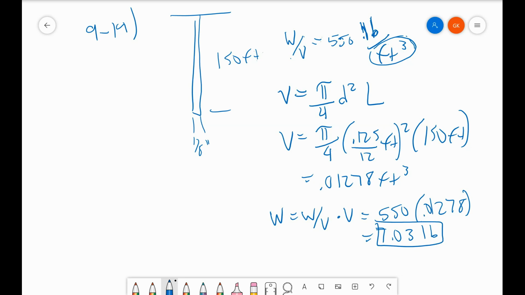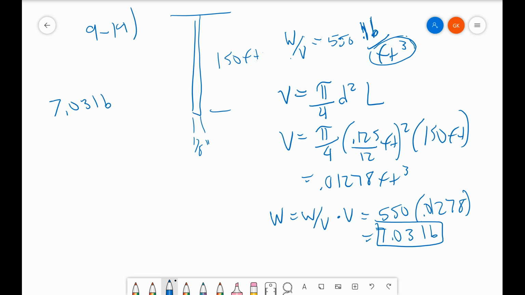Now, it asks us, what is the total elongation of the wire due to just its own weight? We know the weight of the wire is 7.03 pounds.